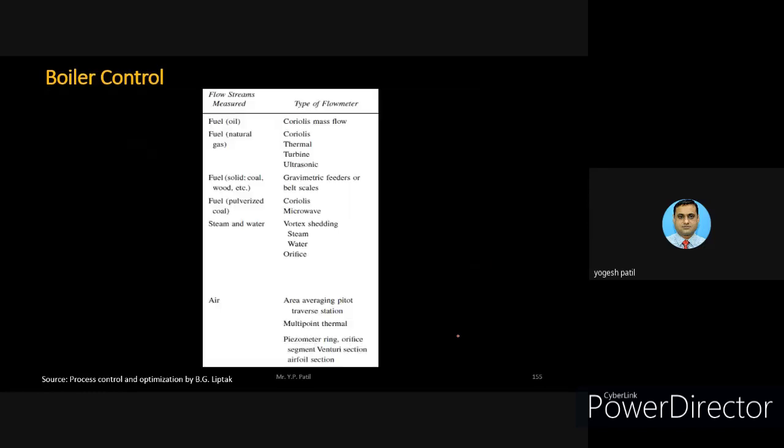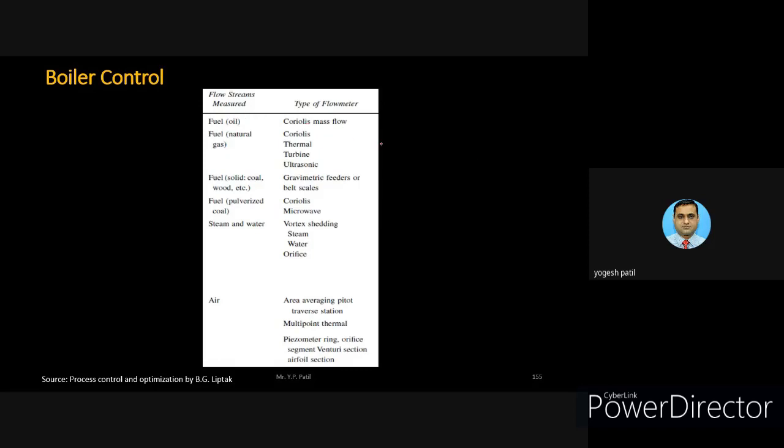So what are the different flow measurements, where can we measure the flow, and what type of devices, flow meters, transducers or sensors can we use to measure the flow rate of the fuel when it is oil, or you can say a liquid?